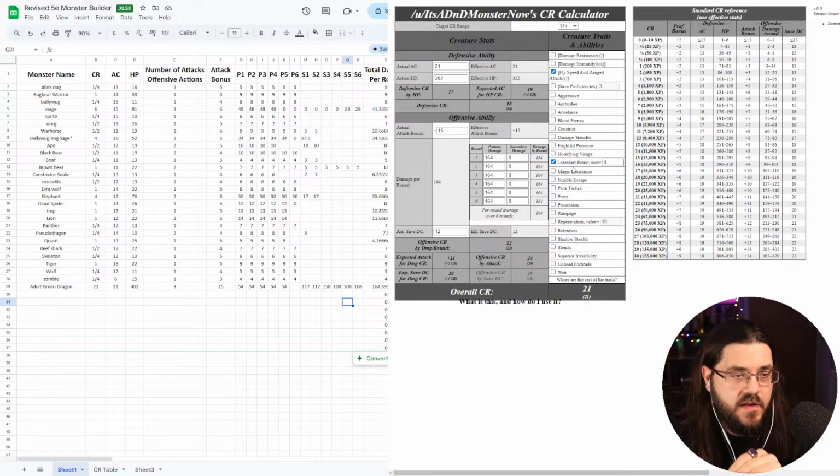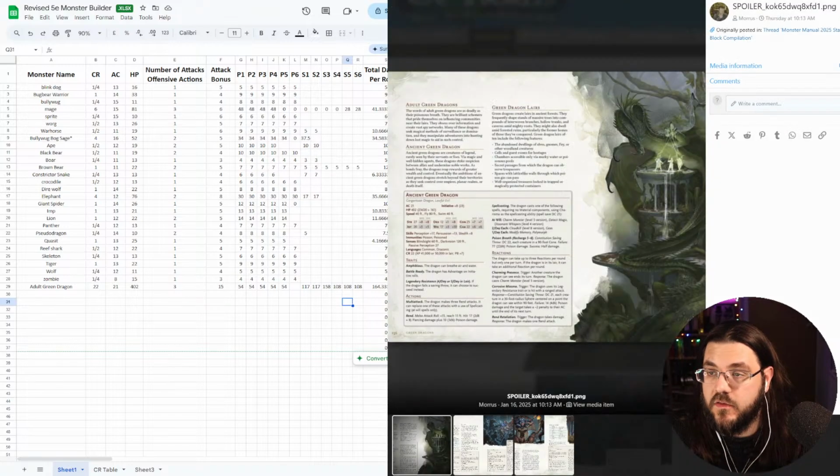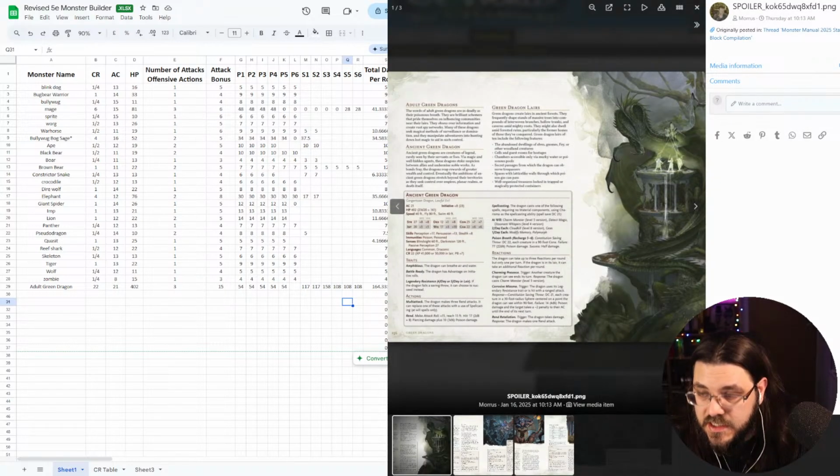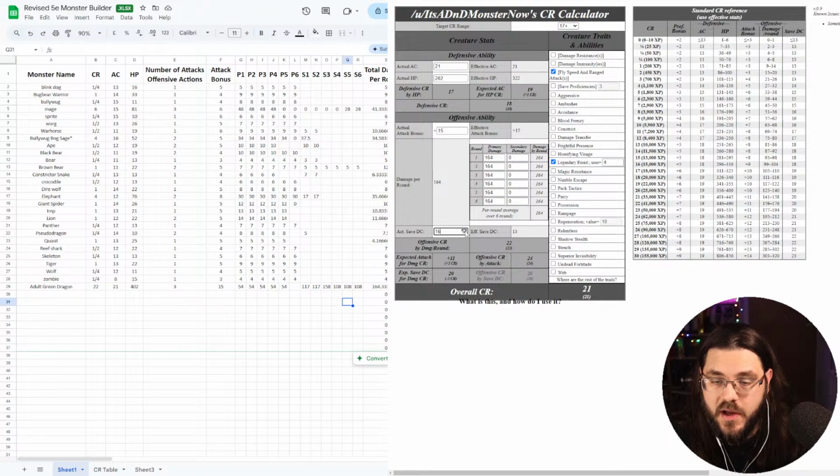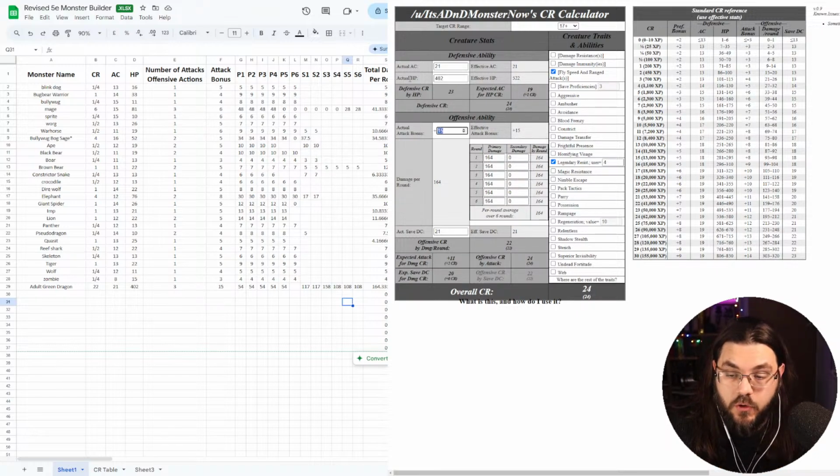So it is trending a little bit low on the old one, but we've not done its DCs. Its DC is 21. That will bump it up almost certainly. Oh, not quite. Okay. Oh, actual HP. That's why. Its actual HP is 402. There we go.